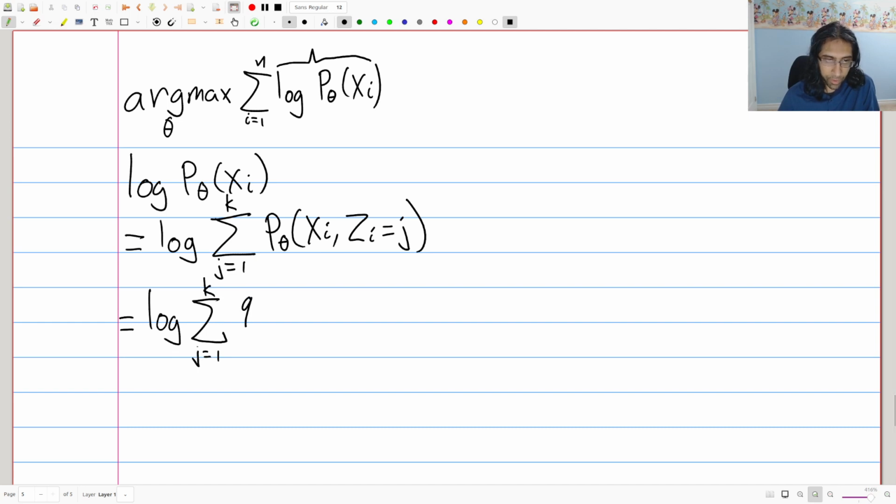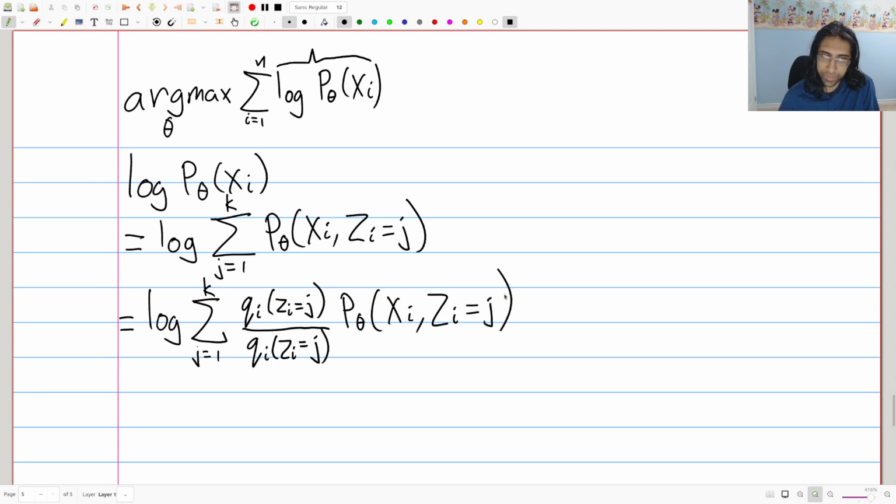We're going to throw in q sub i, zi equals j, divided by q sub i, zi equals j, and then p theta of xi, zi equals j. So what we did was multiply and divide by something. That's why this is an equality.